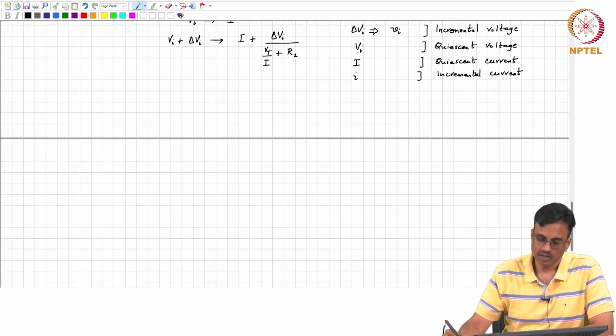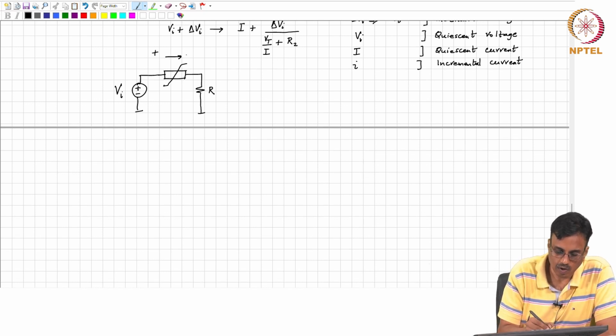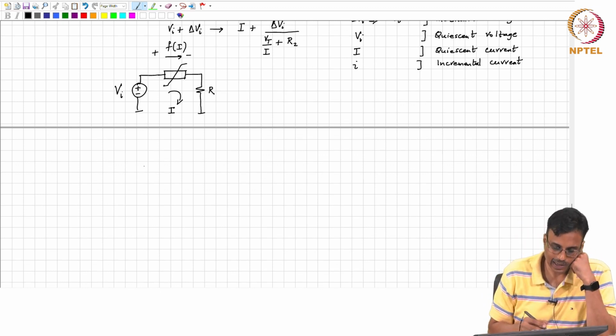Now, in general, therefore, if that nonlinear element, let me quickly go through this. Let us generalize. Let us say you had a network with capital Vi, some nonlinear element and some resistance R, and let us say this voltage was some function of the current flowing in the network. What comment quickly can we make about the output voltage VO?